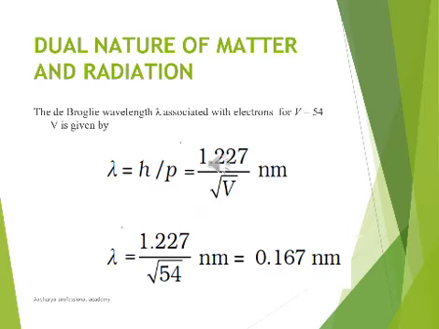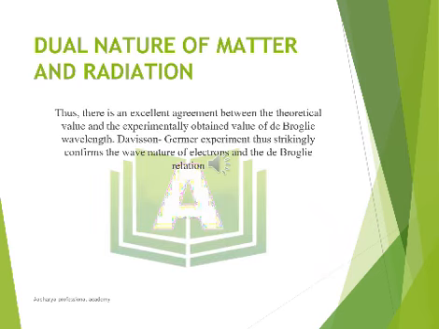Thus, there is an excellent agreement between the theoretical value and the experimentally obtained value of the de Broglie wavelength. The Davisson-Germer experiment thus strikingly confirms the wave nature of electrons and the de Broglie relation.